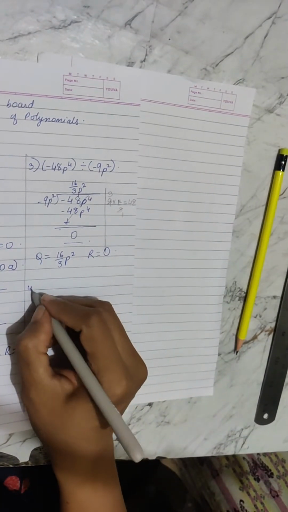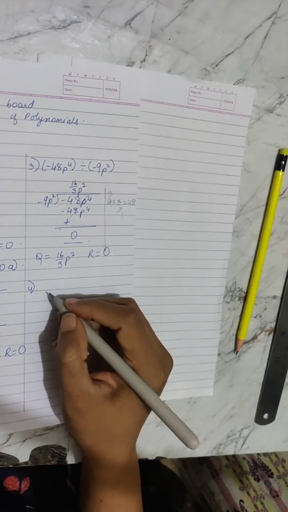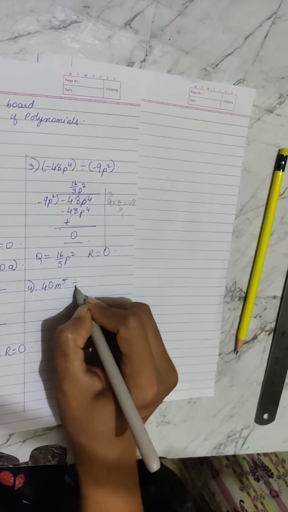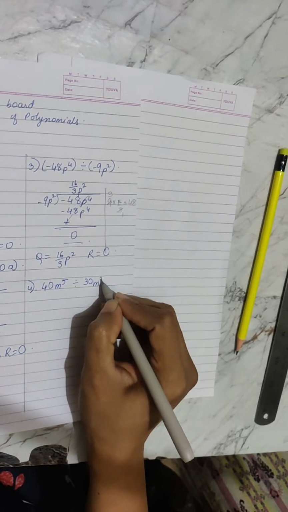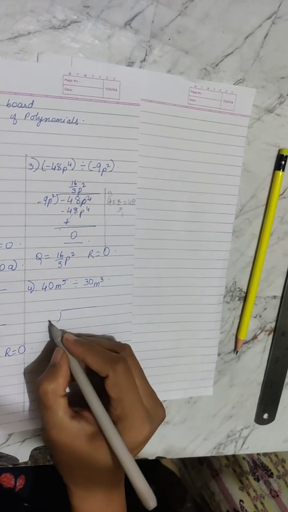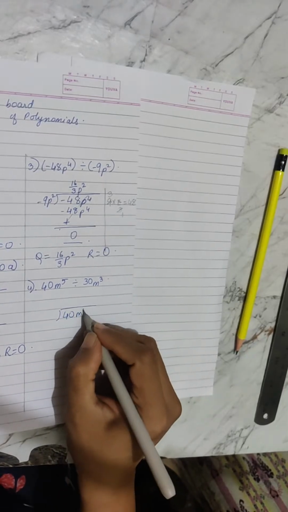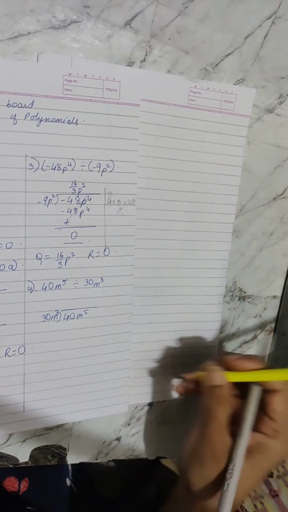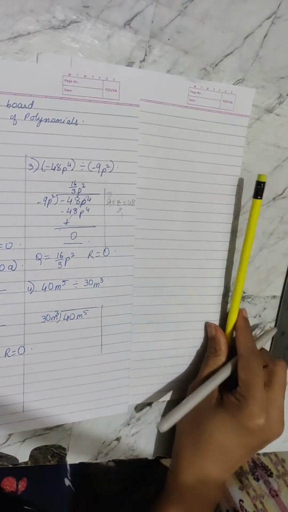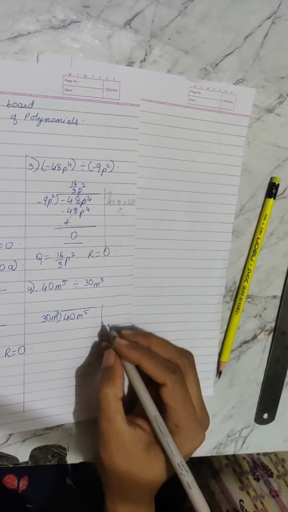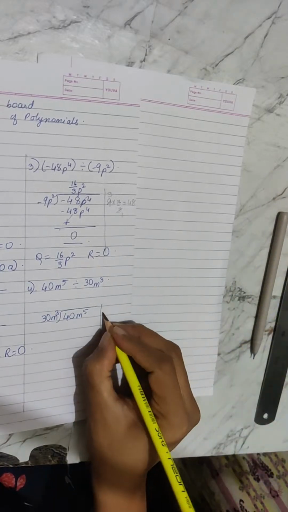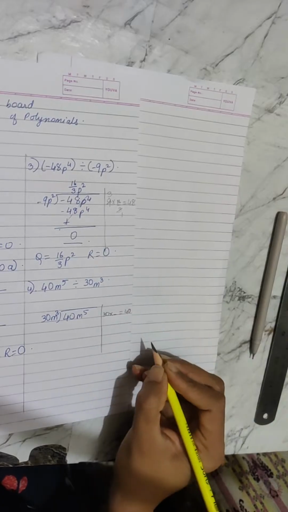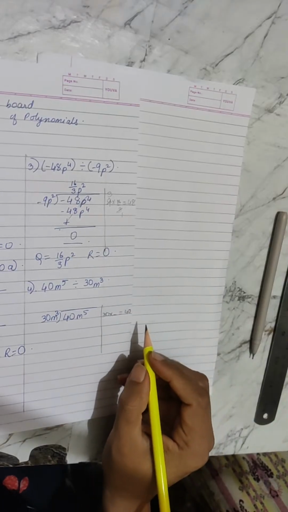Okay, fourth sum. Fourth sum is 40m raised to 5 divided by 30m raised to 3. So again I'm doing a bit of side work because 40 does not go in the 30 table. So what do we multiply 30 by to get 40?